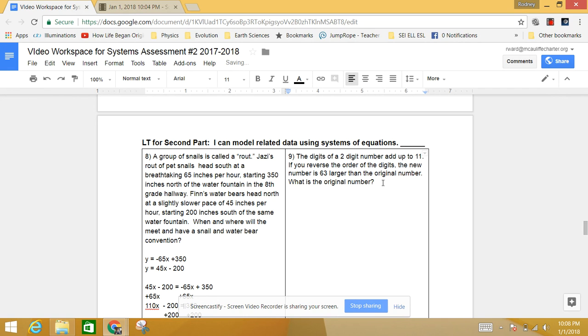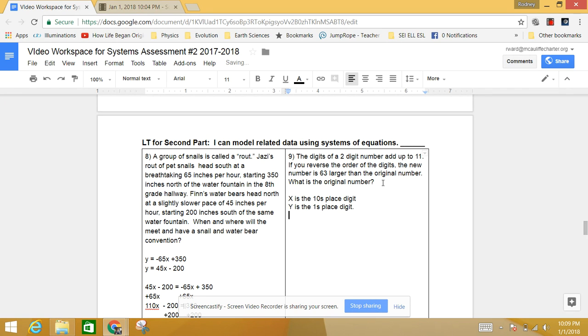So we have two numbers. Let's say the tens place digit is x, and y is the ones place digit.